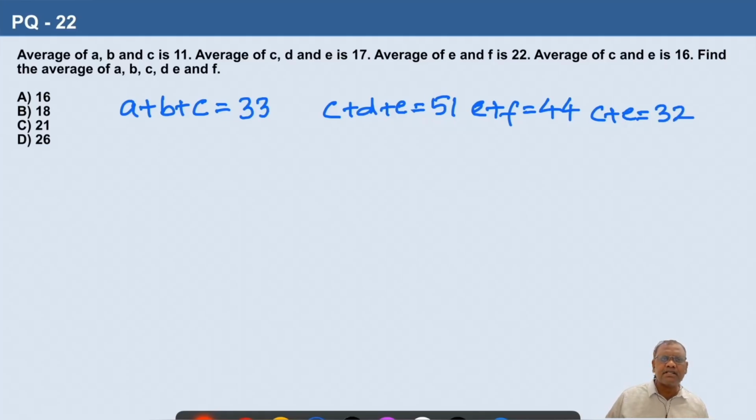So find the average of A, B, C, D, E and F. We know A, B, C and we should find out D, E, F. D, E, F we need to find out.